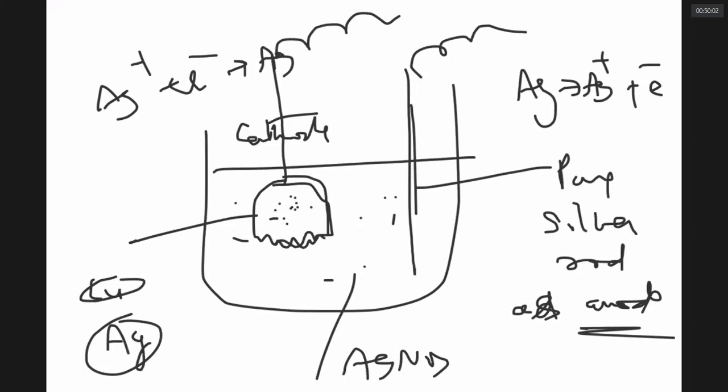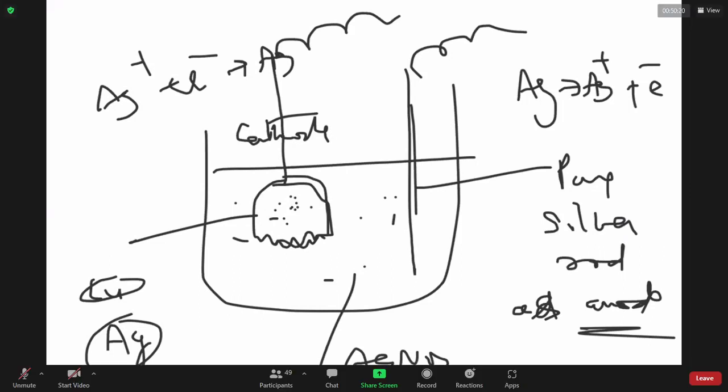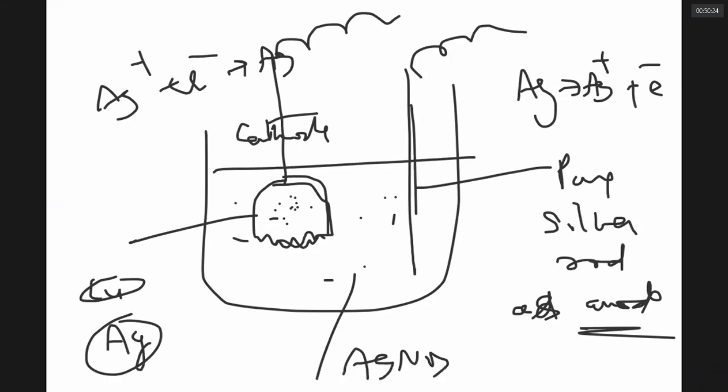So the article which you want to coat with a precious metal, or on which you want to deposit any other element, must be taken as cathode. The metal which you wish to dissolve and deposit is to be taken as anode. And the salt solution which contains an ion which you want to deposit in aqueous solution should be taken as electrolyte. You got it, sir?